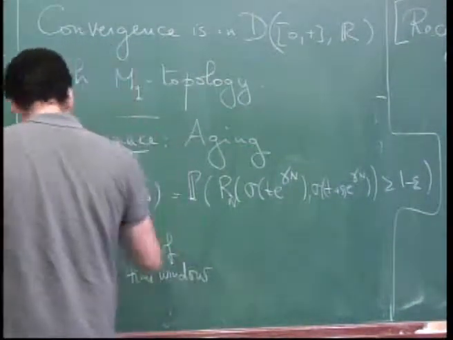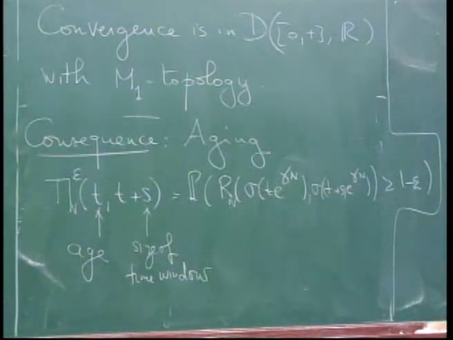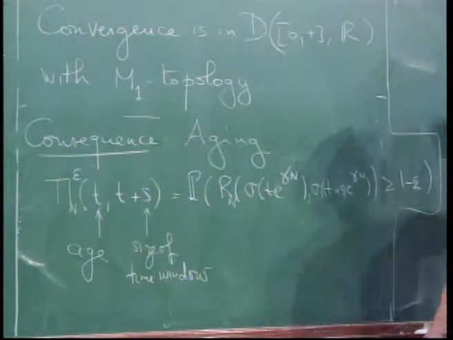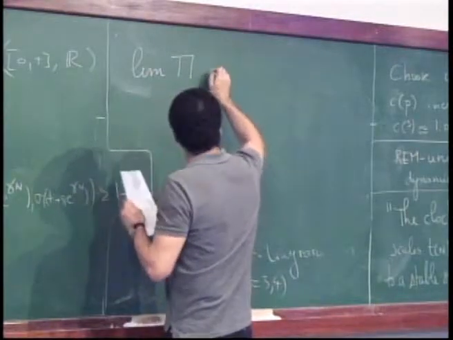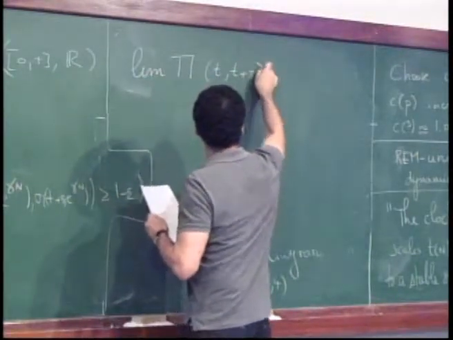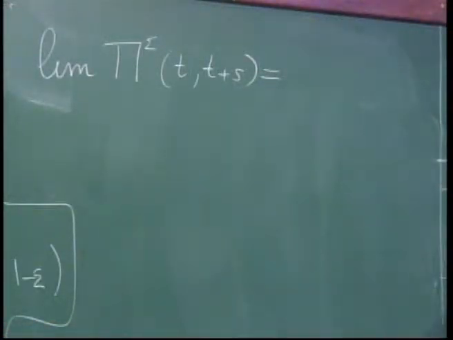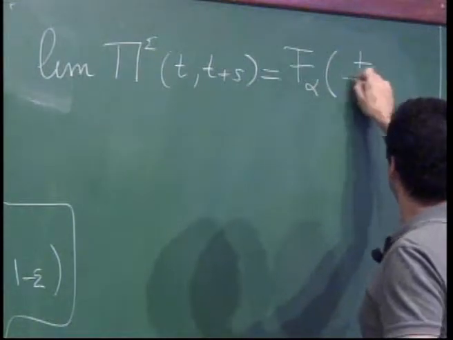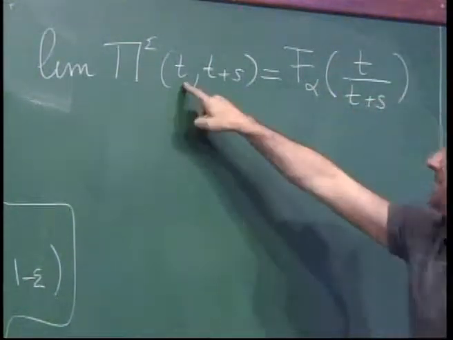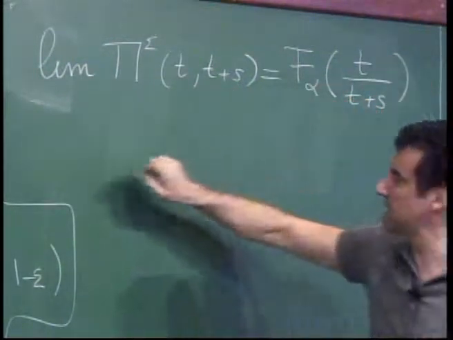So in this case we choose this observable, and what we find is that this thing converges to the same function that I call f alpha of t over t plus s. That was A in Alex's thing, and this was B. So this is A over B, and this f alpha is the same function.